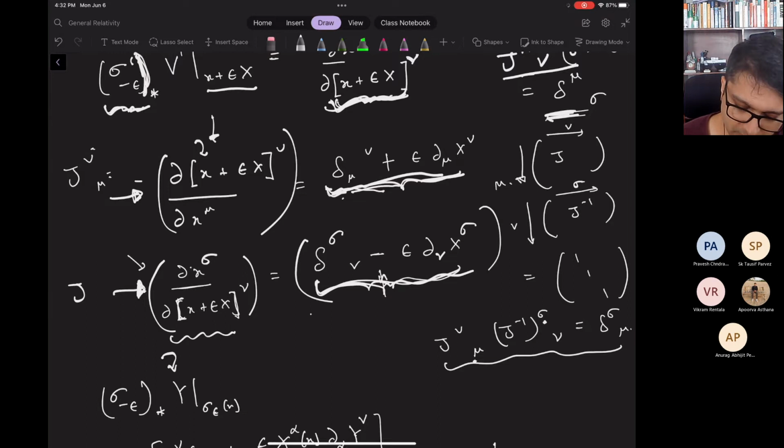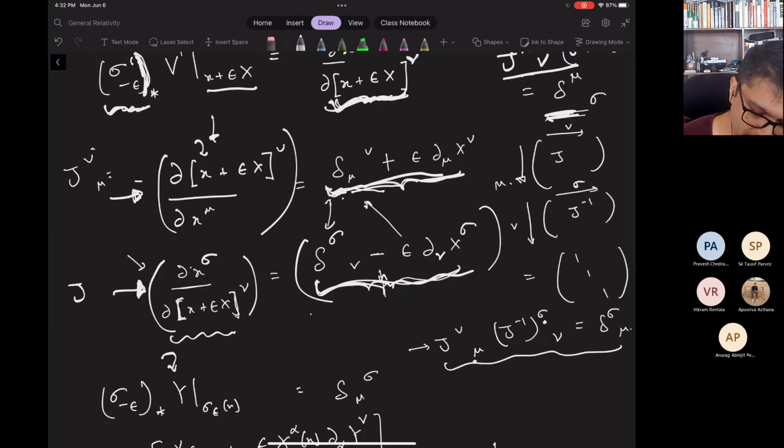Taking the product and summing over the repeated indices, the product of the two deltas gives delta_μσ when I sum over nu.